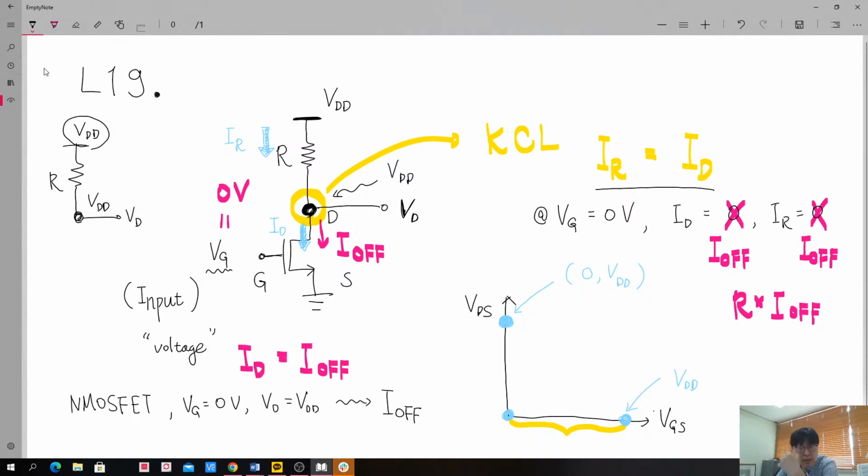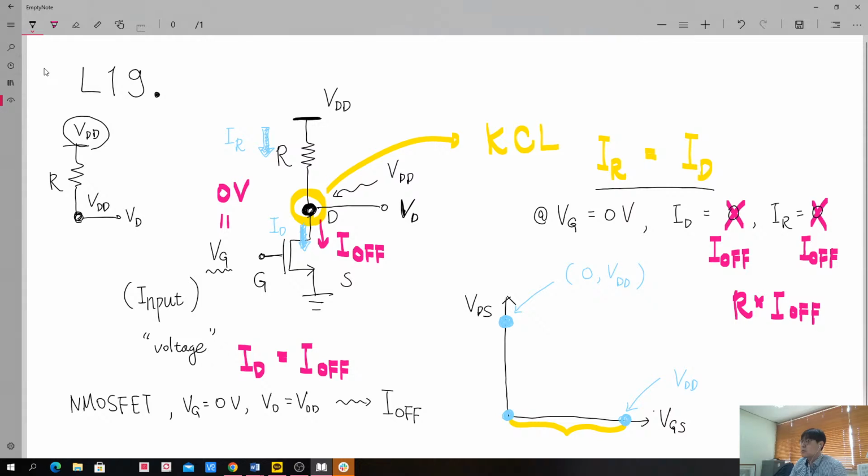Although we say that when the transistor is off, drain current is 0, in a rough sense that's true, since we have much smaller current than the on condition beyond the threshold voltage. But although it is so small, it is not exactly 0, and that will introduce a certain problem.